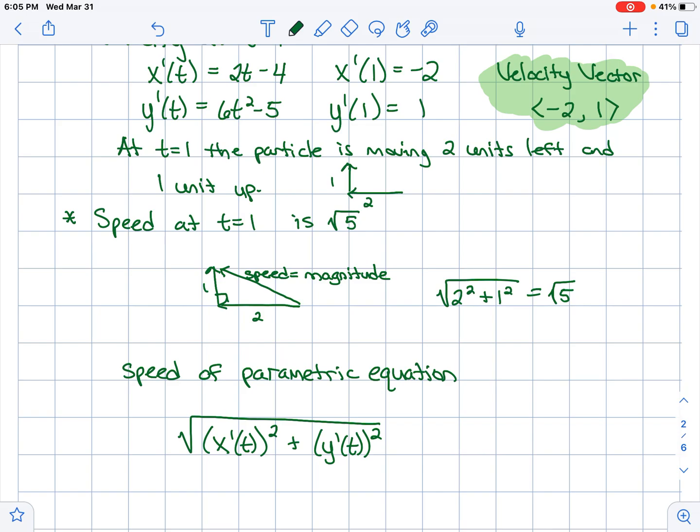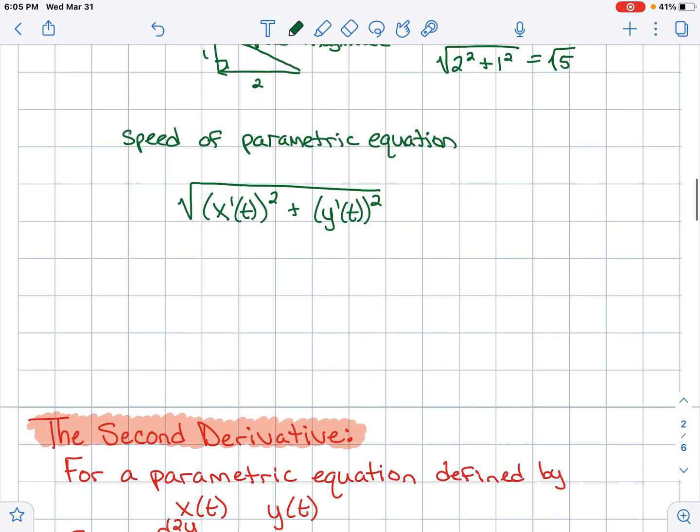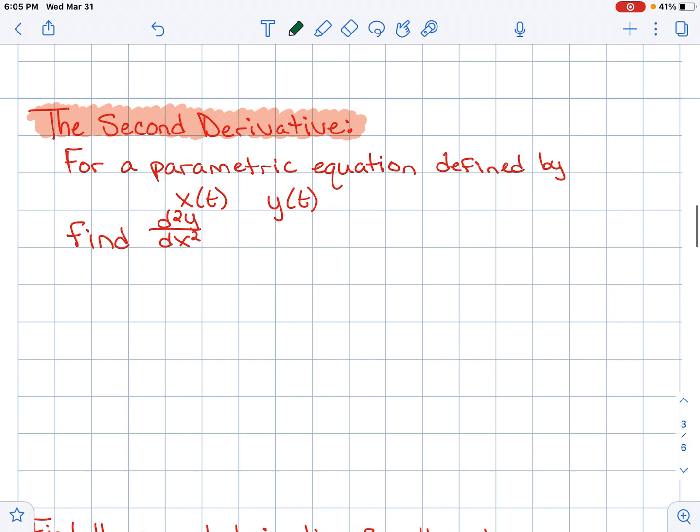Okay, let's do one more thing in this video before I go on to the next one. The other thing I want to talk about is the second derivative, because in the next video we'll be talking about integration, so I wanted to complete derivatives here. Let's look at the second derivative. So we're talking about, let's just look at this like we looked at the first derivative. This is saying find the change in the first derivative with respect to time.